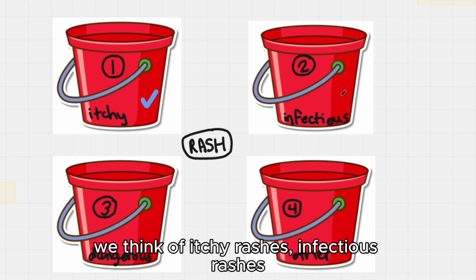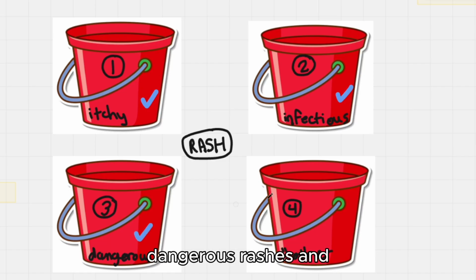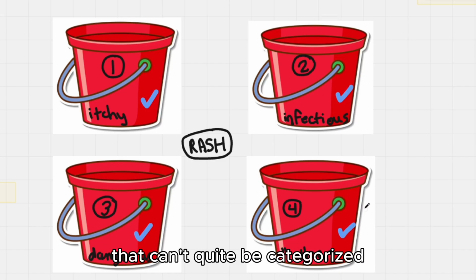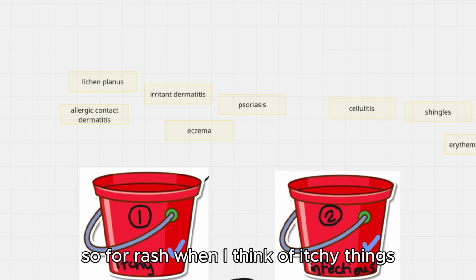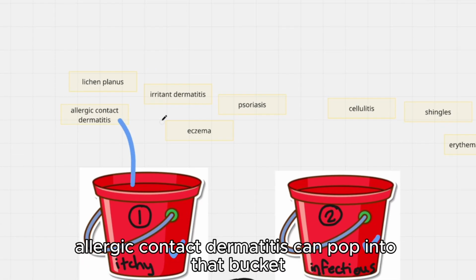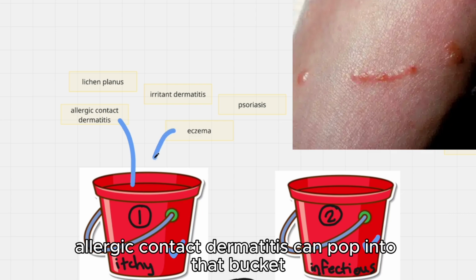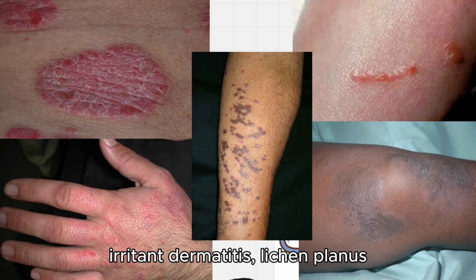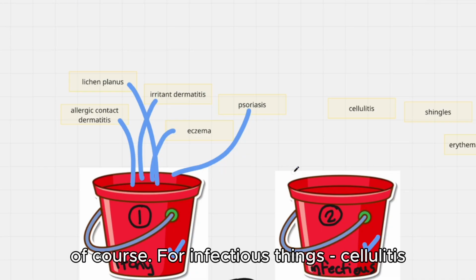So for rash, I like to think of four main buckets. We think of itchy rashes, infectious rashes, dangerous rashes, and the other bucket is for conditions that can't quite be categorized. So for rash, when I think of itchy things, allergic contact dermatitis can pop into that bucket, eczema, psoriasis, irritant dermatitis, lichen planus. And that's not an exhaustive list, of course.